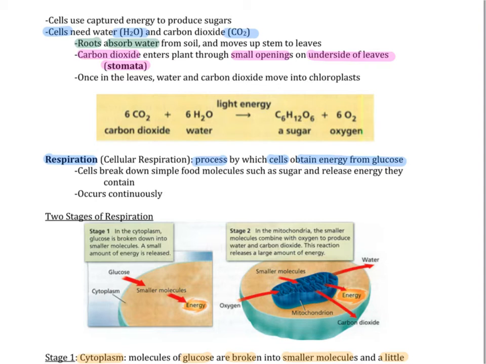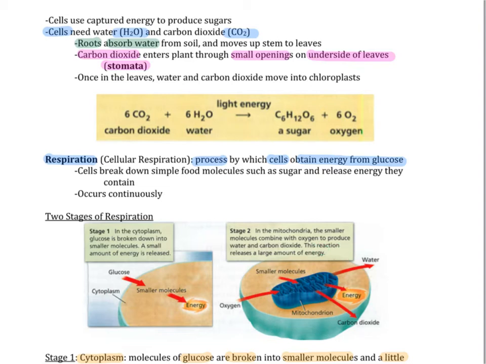There are 2 stages for respiration. The first stage occurs in the cytoplasm, where glucose is broken down into smaller molecules, and a small amount of energy is released. In stage 2, in the mitochondria, the smaller molecules combine with oxygen to produce water and carbon dioxide.